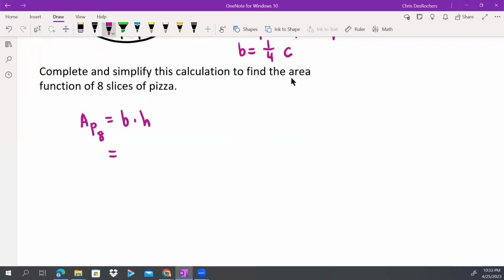We said the base is going to be equal to 1/4 of the circumference, and the height was equal to the radius, so by substitution the 1/4 of the circumference is 2 pi r times the radius. Again, if we use simplification, this equals pi r squared divided by 2.